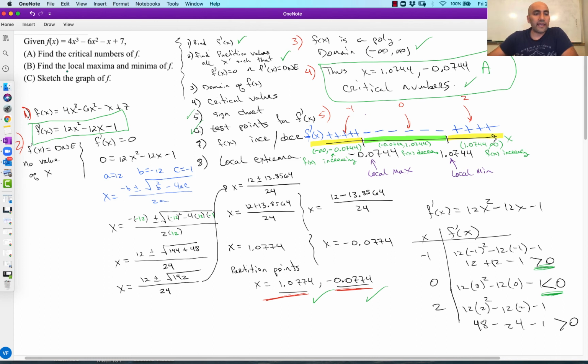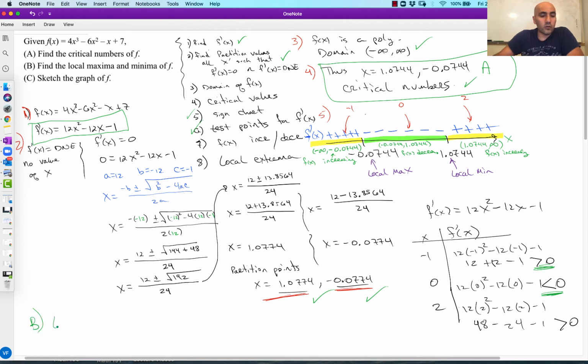And then finally, to answer part B, we need to see that there is a sign change in the first derivative. Here it goes from positives to negatives. That's how I know there's a local maximum here. And then it changes from negative to positive. That's how I know there's a local minimum there. So that's going to be our answer to part B. So I'll put part B over here.